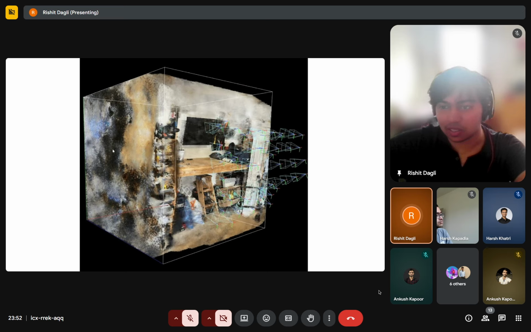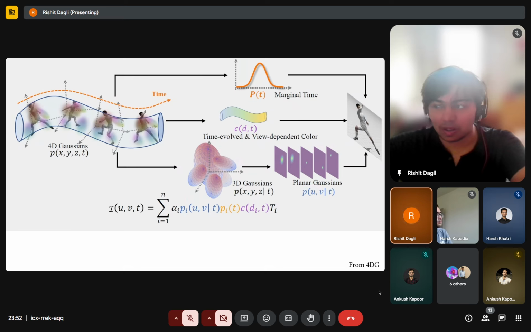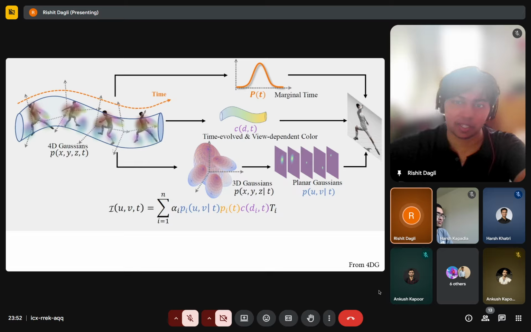We can also use one other way, which is more relevant to the kind of simulations we were looking at: 4D Gaussians. Instead of all of the Gaussians being something in 3D, you make them 4D, where the fourth dimension is time. So they can also change in time. It's just another axis.